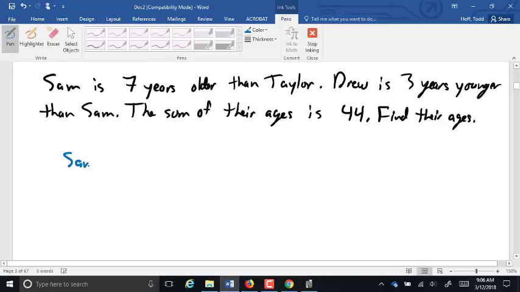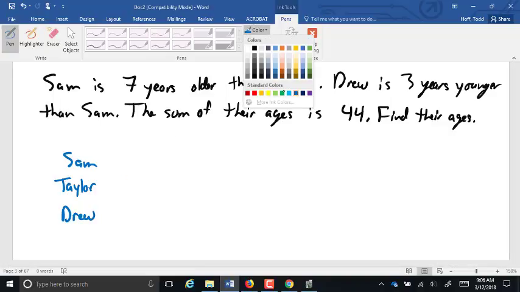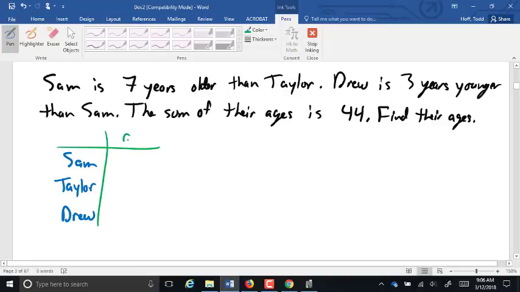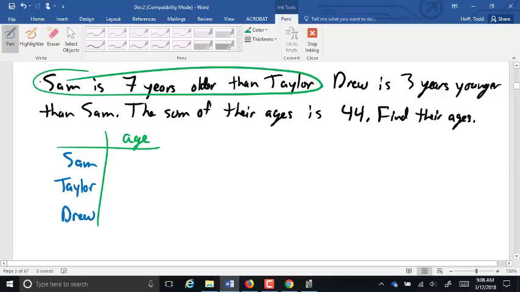So here we've got Sam, Taylor, and Drew. And once again, we are looking for their ages. Sam is 7 years older than Taylor, which means we're going to let Taylor equal T. Sam will be T plus 7. Here's the tricky part, though.